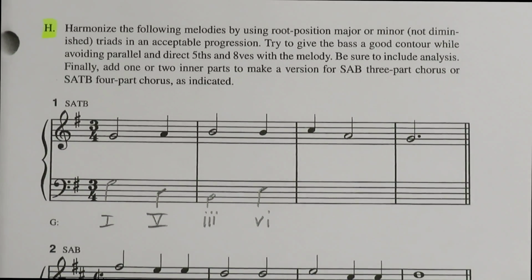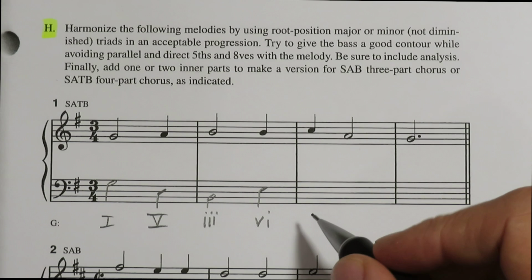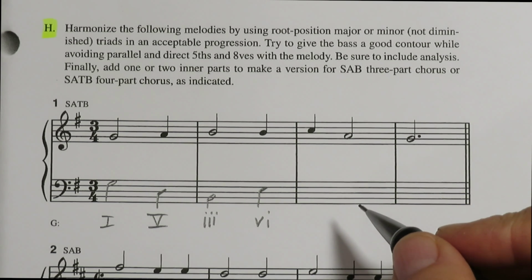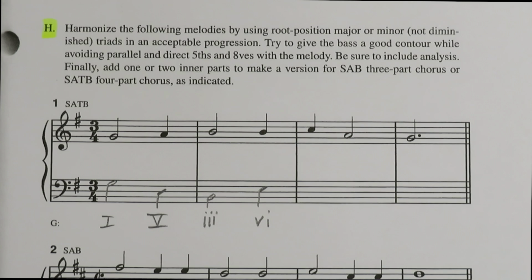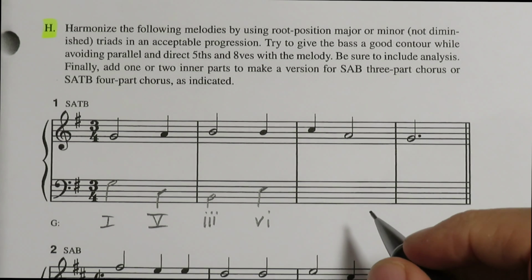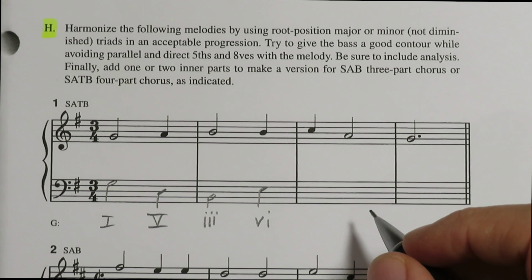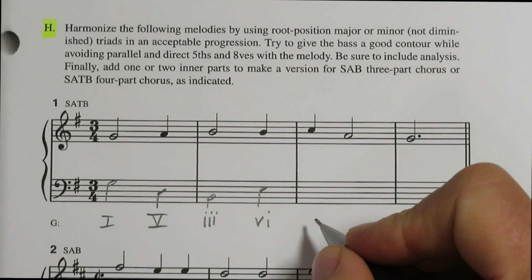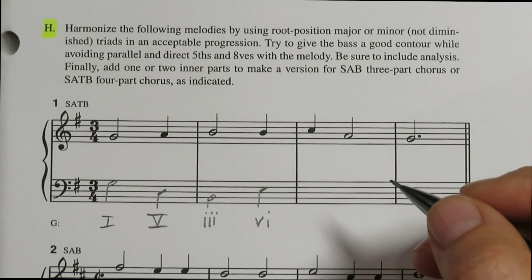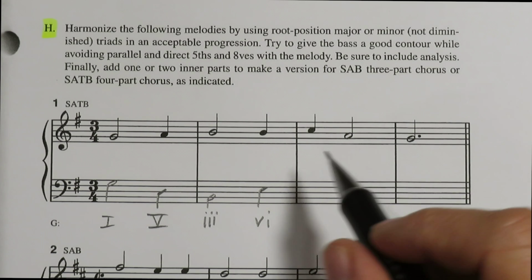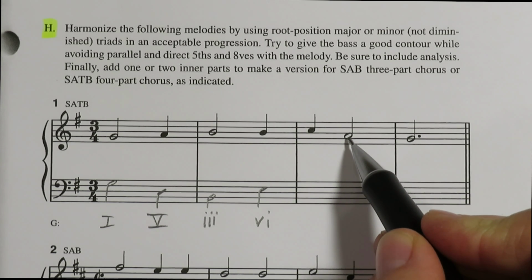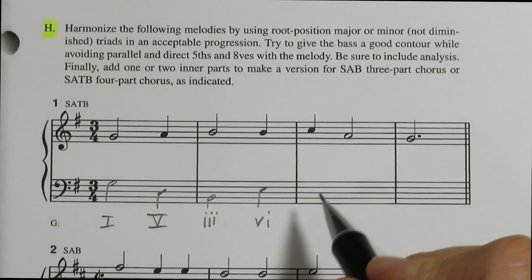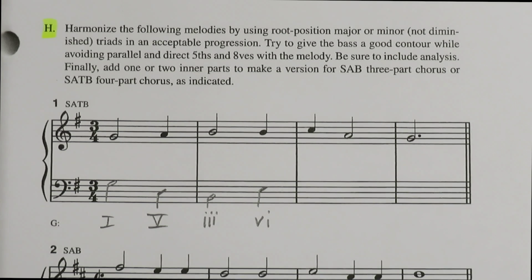Alright, so 6 can go to 4. 6 can also go to 2. I'm not really interested in the 7 diminished here. It won't work because the A is not part of the G chord, and the 7 diminished must go to 1.